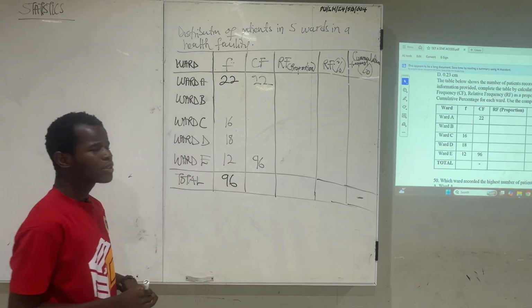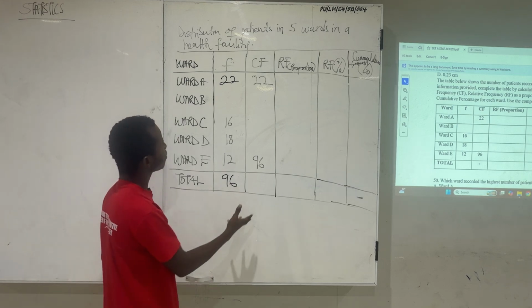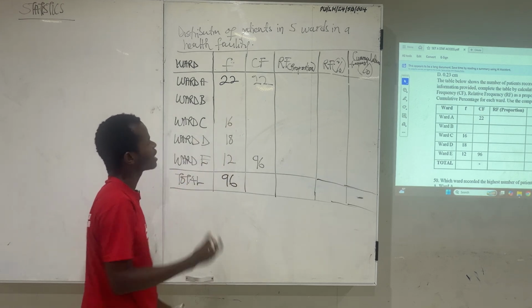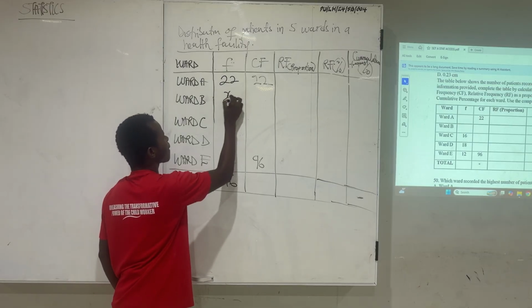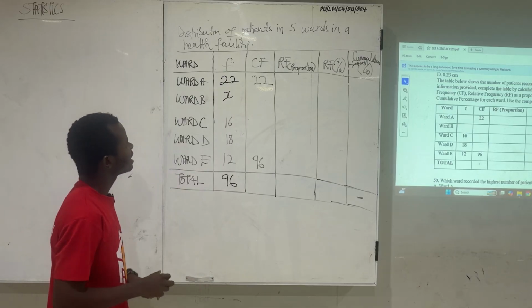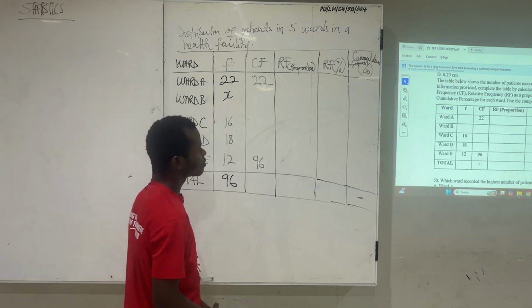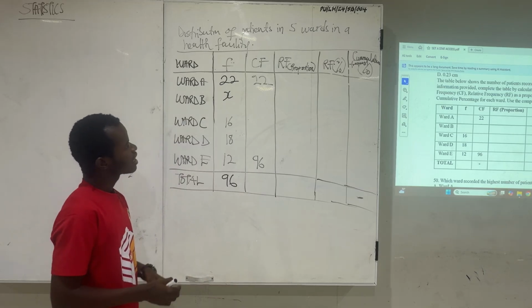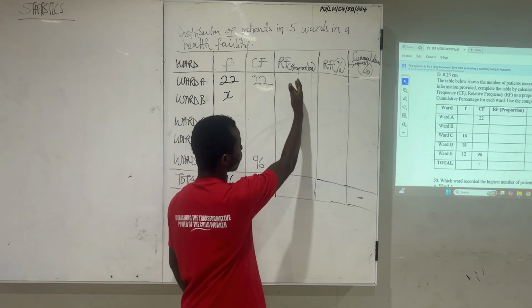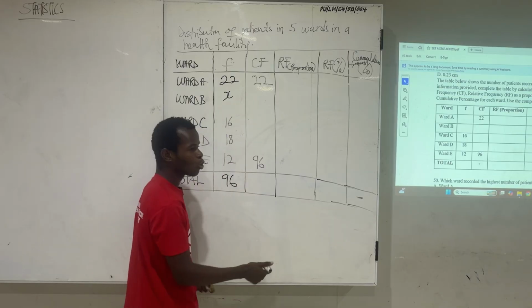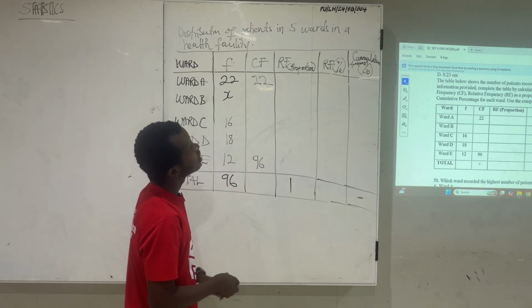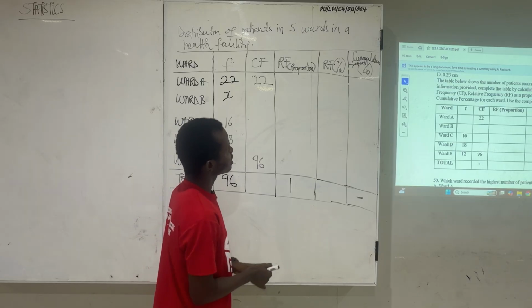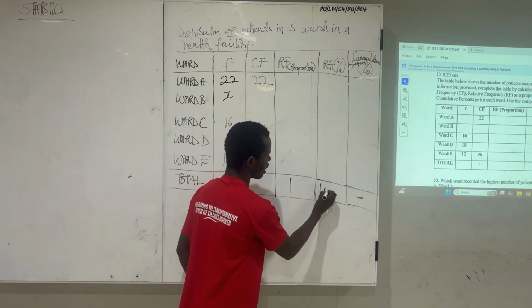But there is no principle that you can apply to put a certain number here. So we can represent this place by a variable, let's say x. And then there is another principle in statistics that the relative frequency in proportion is always equal to 1, and the relative frequency in percentage is always equal to 100.